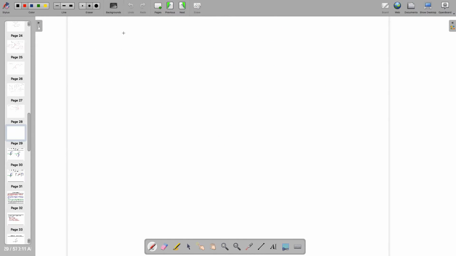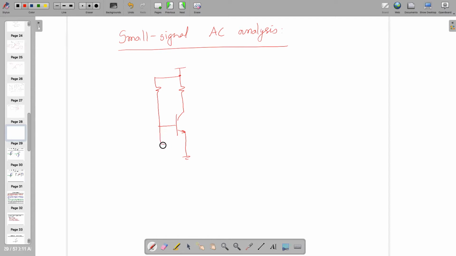We also studied the small signal AC analysis. For a quick review, let's draw the small signal model for whatever I am drawing.